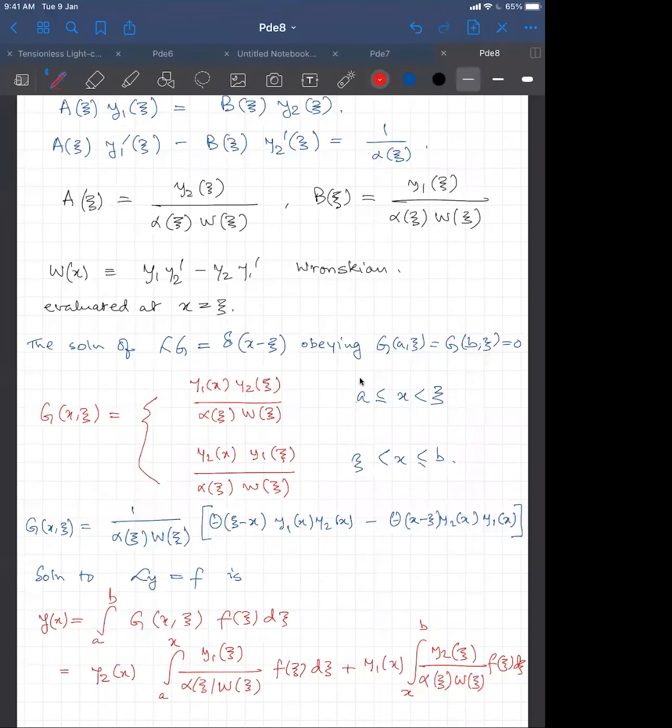The integral that you have over xi is separated at x into two parts, a to x and x to b. So in the range of a to x, we have xi less than x, so this particular solution applies.